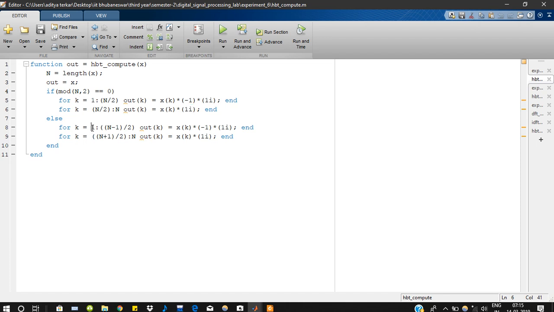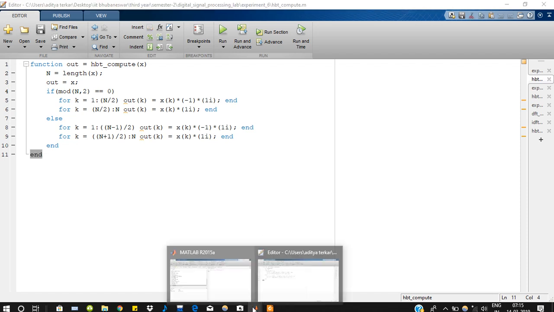If n is odd, the rules change slightly, but the concept is the same: half of the Fourier coefficients estimated from the DFT are multiplied with minus 1j, while the rest are multiplied with 1j. The frequencies in the first coefficients are called positive frequencies, while the rest are called negative frequencies.